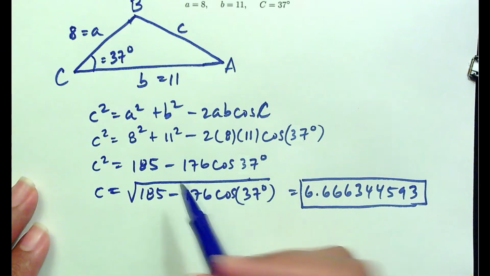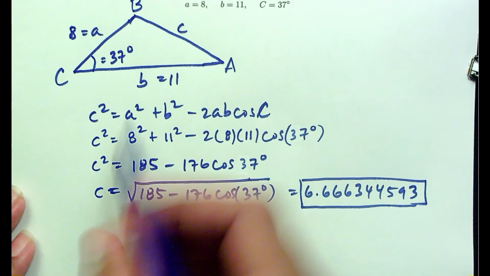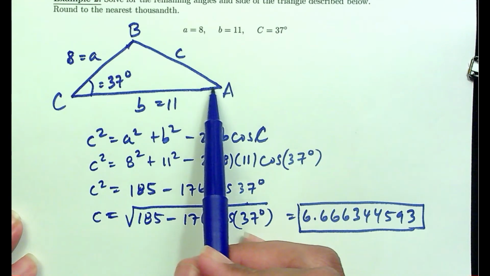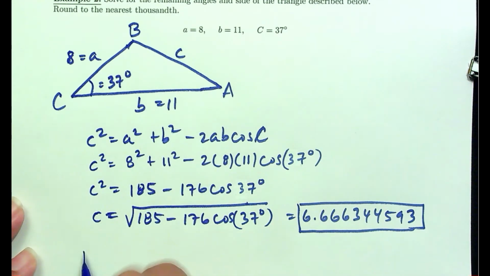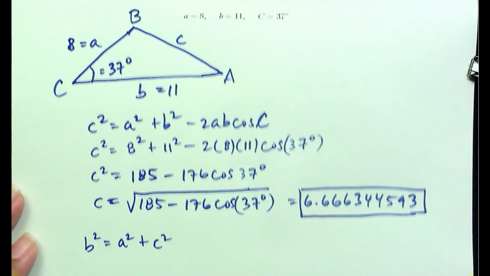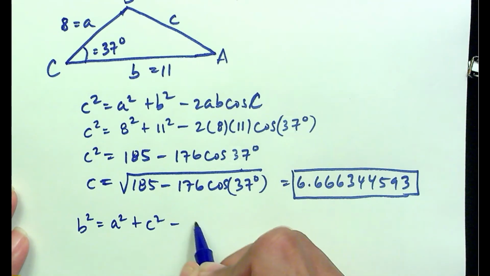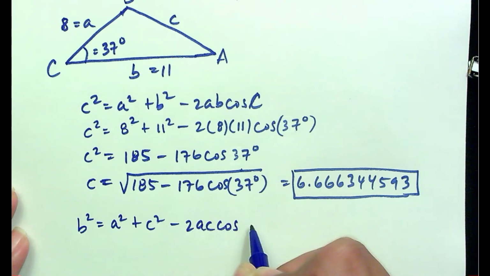But I'm going to do the law of cosines one more time, where I'm going to just use this side as my fake hypotenuse. So that would be b squared equals the other two sides squared added together, but because this is not a right triangle, fix it by subtracting 2 times ac times the cosine of the angle between them.